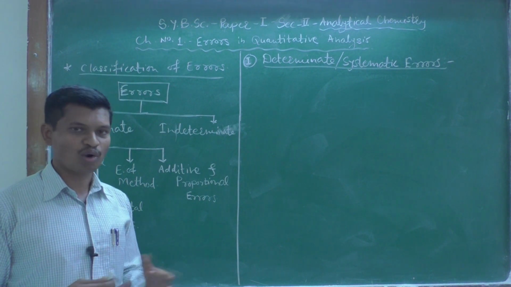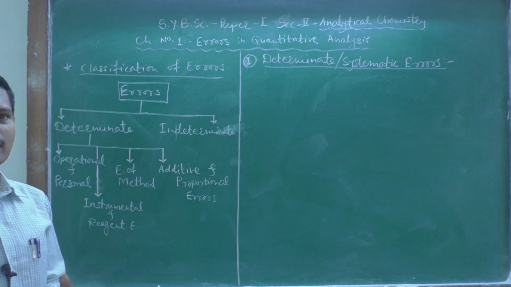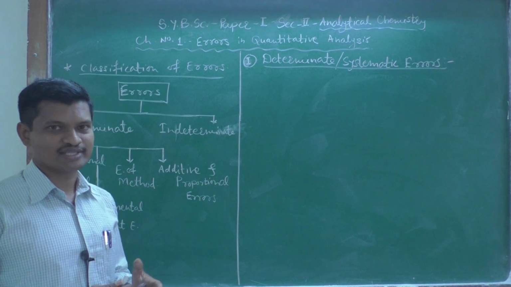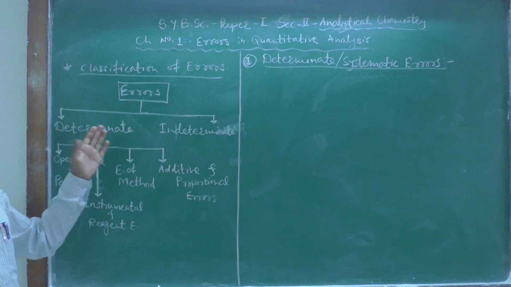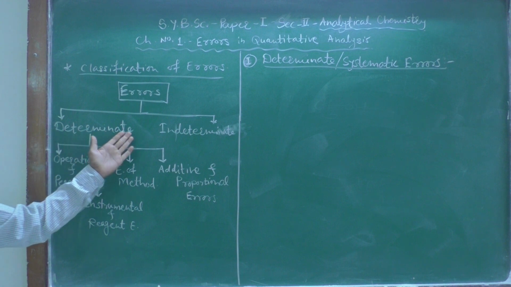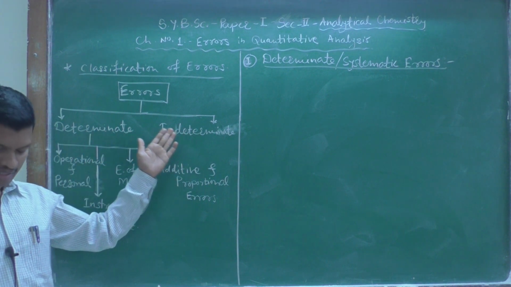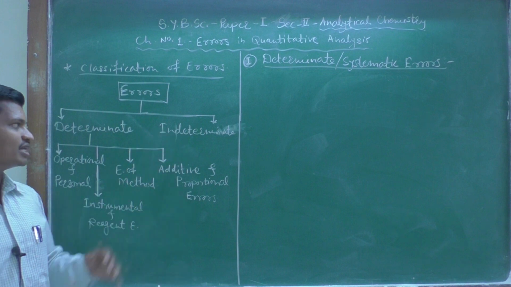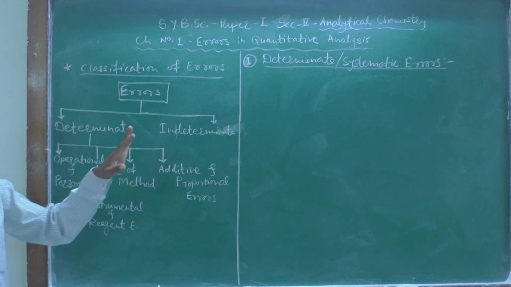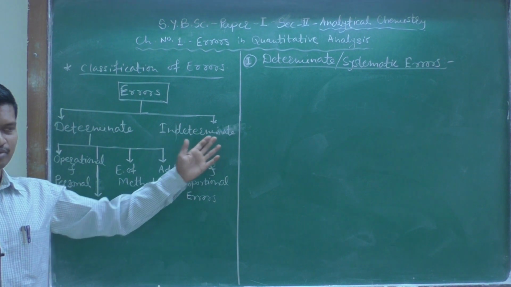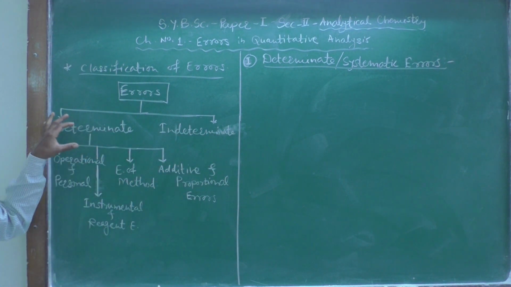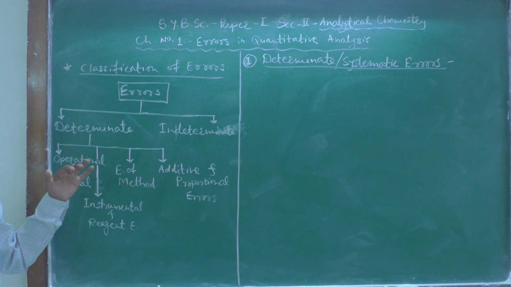Broadly, the errors are classified into two types. These are determinate errors and indeterminate errors. There are no subtypes or subclasses of indeterminate errors, but determinate errors again have subclasses.